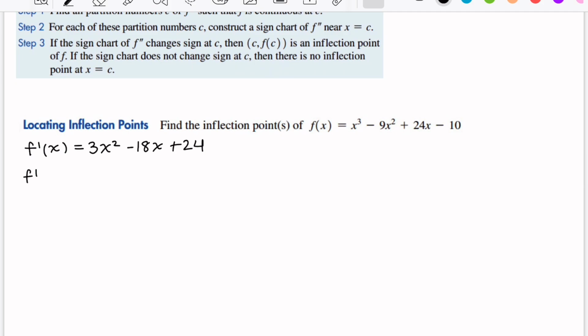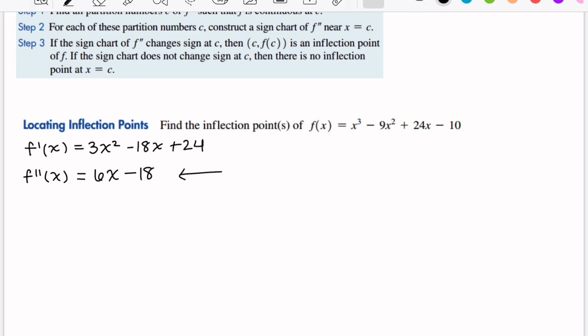And then our second derivative, we're just going to take the derivative of this. So we'll do power rule. We get 3 times 2, so 6, and then x to the power 2 minus 1, so just x to the power 1. And then minus 18, and we know the derivative of a constant is 0.